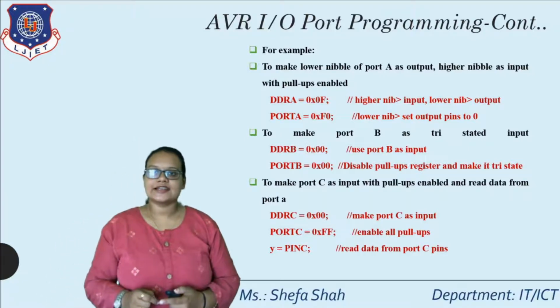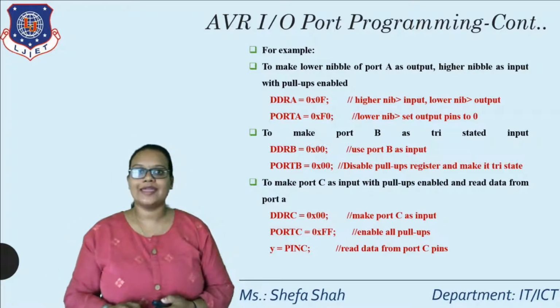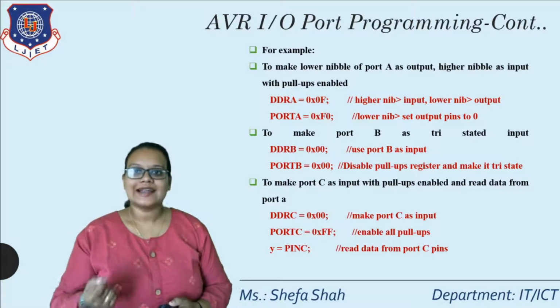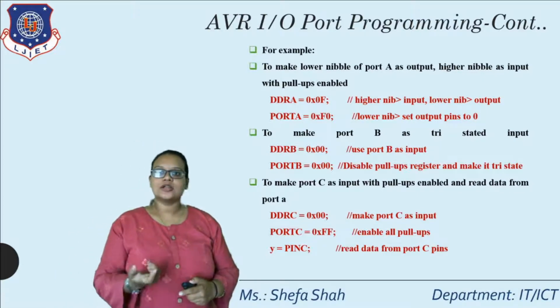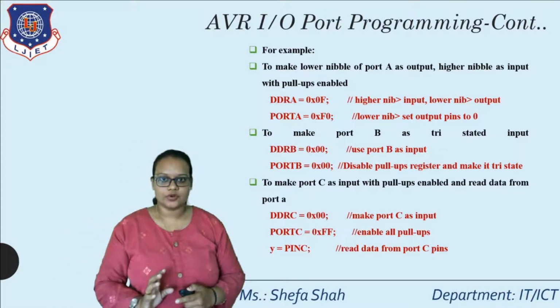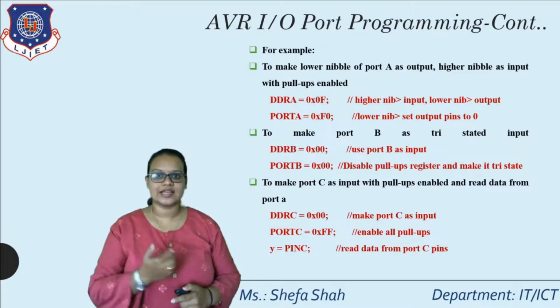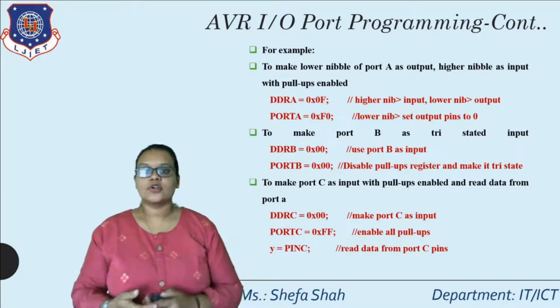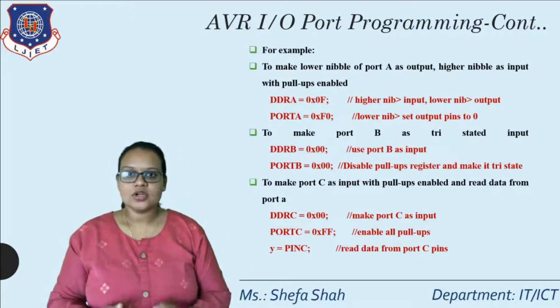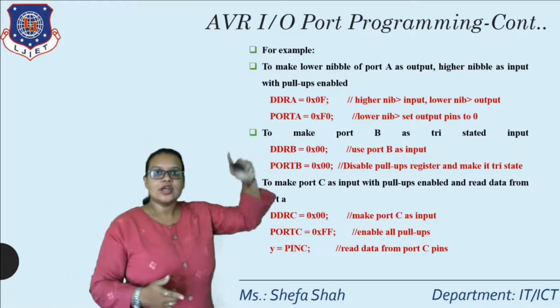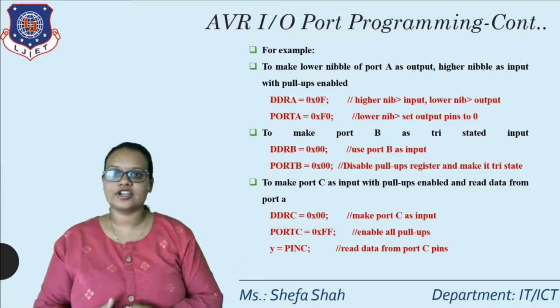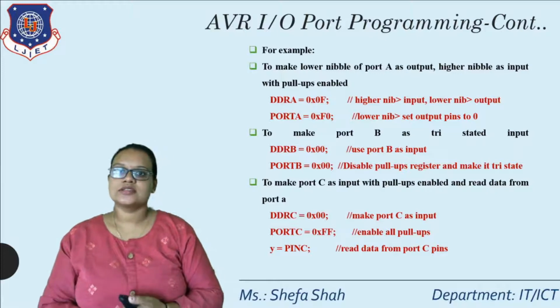Clear? In the second example, you can see how to make port B a tri-stated input. Tri-stated input means all the bits are working as input ports, right? Tri-stated buffer means it is used as an input, right? So all the 8 bits will be 0, so DDRB will be equal to 0, and we will use the PORT function, which is equal to 0x00.